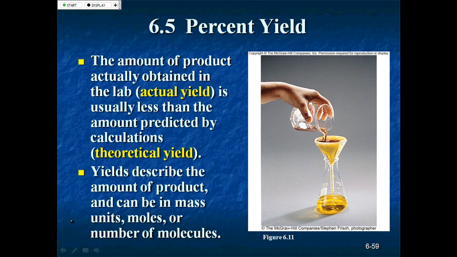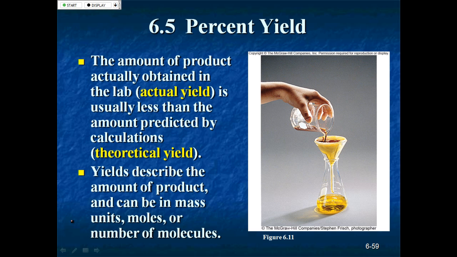because those calculations assume that there is 100% reaction, or all of the limiting reactant will react. That's what you are assuming when you do the calculations. But actually it doesn't happen. All of the limiting reactant may not react. Some molecules are left out.